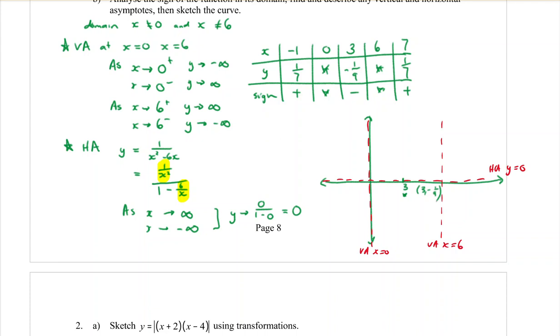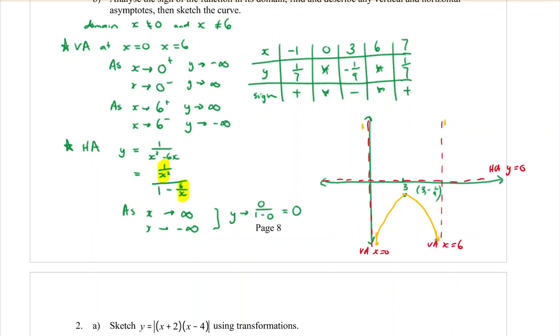So it's going to be high on this side, low on that side. For the 6 vertical asymptote, it's going to be negative on the negative side and up high on the positive side. So you can see what's going to happen in between already. This is going to connect up like that. And there's the middle part of my curve.